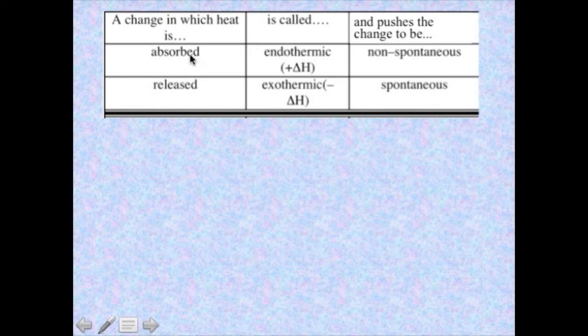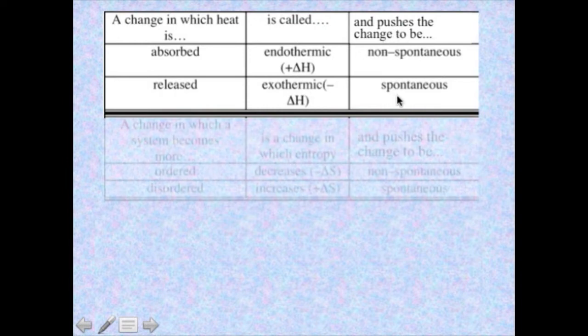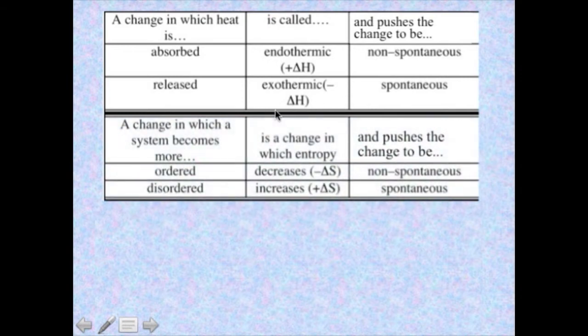But a change in which heat is released we call exothermic, with a negative delta H value, and that pushes the change to be spontaneous. Now, what about entropy? A change in which a system becomes more organized or ordered is a change in which entropy decreases with a negative delta S, and it pushes the change to be non-spontaneous.